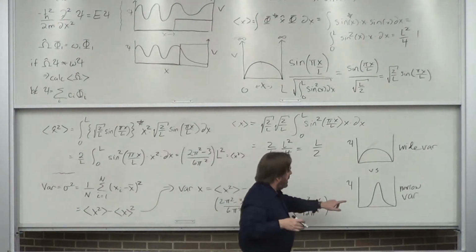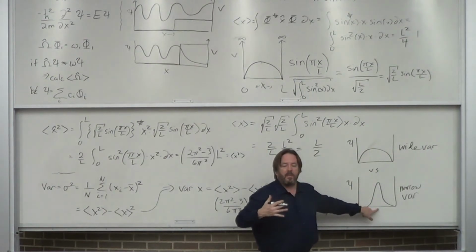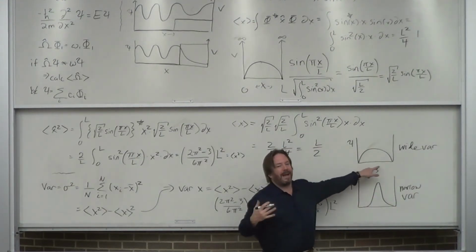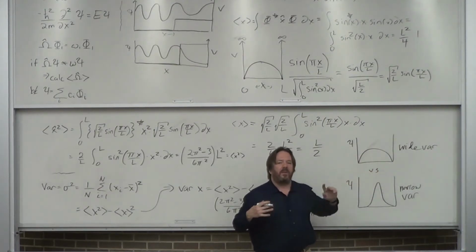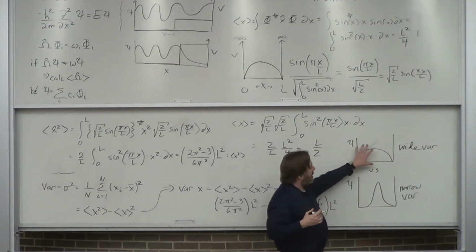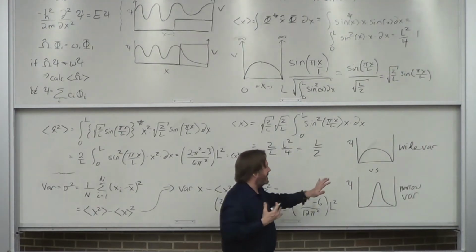Now, if I was doing this narrow one, whatever the reason the wave function looks the way it does, when I make the measurement I wouldn't get such variation. I would almost always get that the particle is dead center, compared to this one where I can likely see the particle just about anywhere except right towards the end. So a wider variance means that if I do a measurement, I'm never going to quite get the same thing twice.